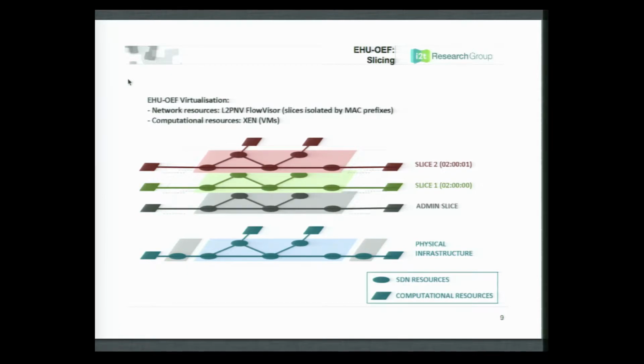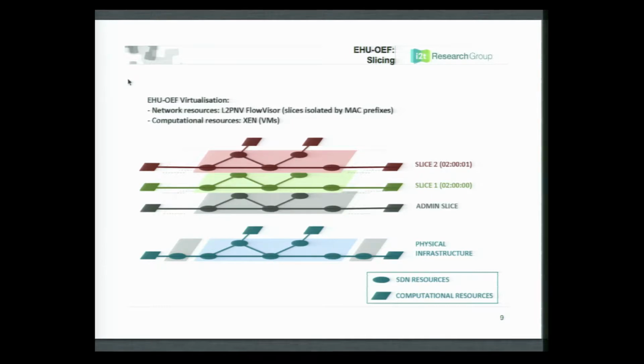So this is interesting because once you have a slice, you take a stock application running on a plain OpenFlow slice, and it works, which doesn't work so easily with other approaches.